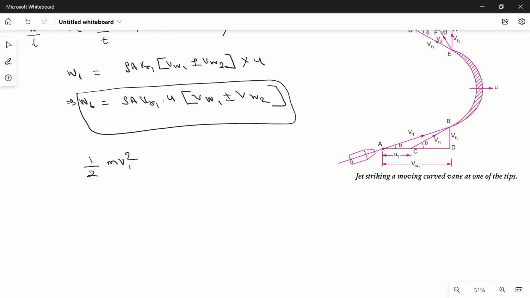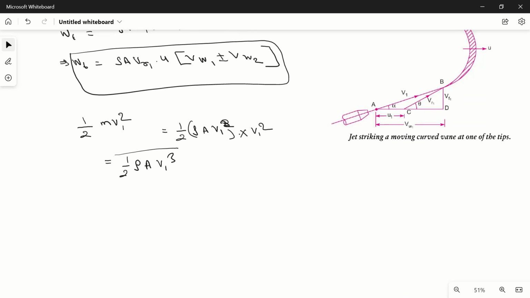So kinetic energy at inlet will be half mv square, which is equal to half rho a V1 square into, yes, sorry, mass is rho a V1, into V1 square as the velocity square. So it will become half rho a V1 cube. So this is inlet and this is outlet.